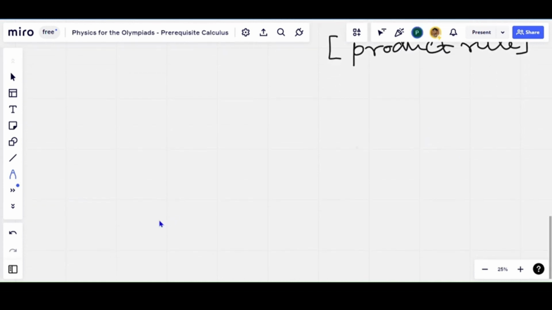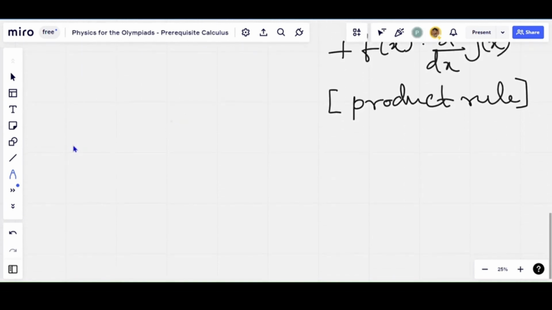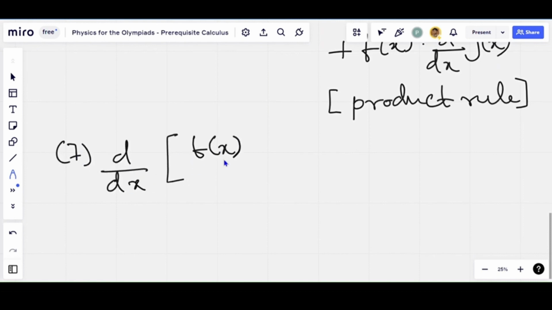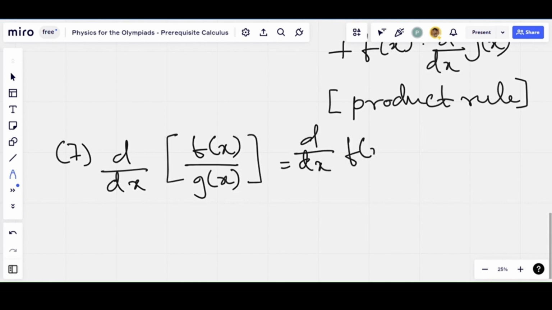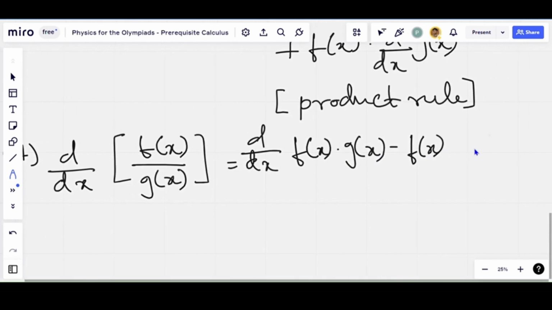Next, we come to the quotient rule, which is d by dx of f of x divided by g of x. This is d by dx f of x into g of x minus f of x into d by dx of g of x.